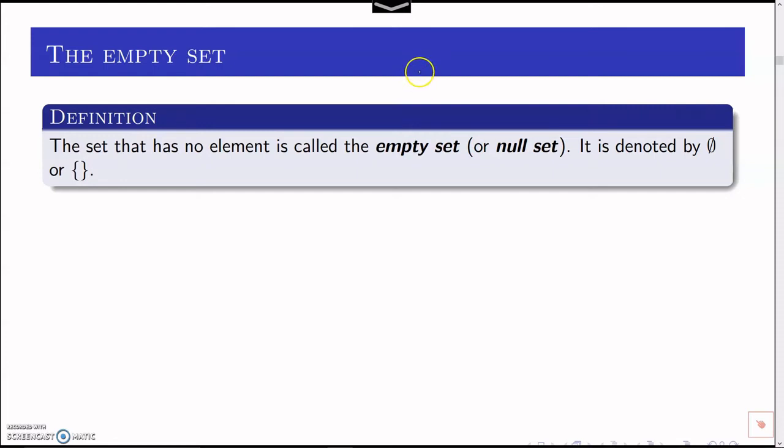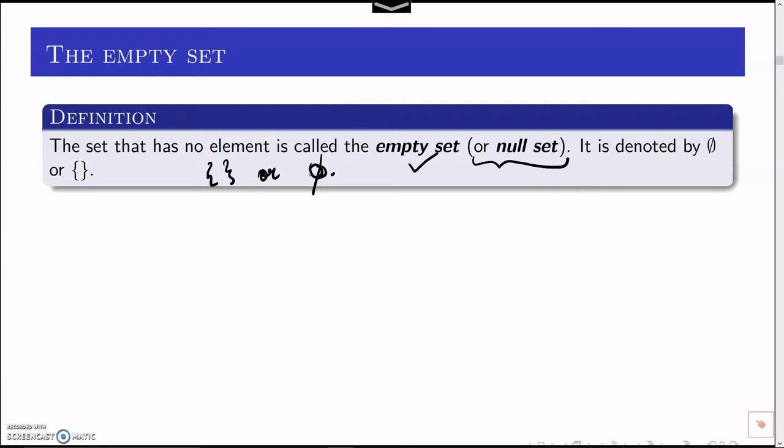Sometimes it is also called a null set, but we won't use the null set here in this course because we are using the word null set for something else that you will see in the upcoming lectures. So we will use the word empty set. Any set which does not have any elements is called an empty set. It is denoted by this notation phi or with the empty curly braces. So either this or the letter phi.